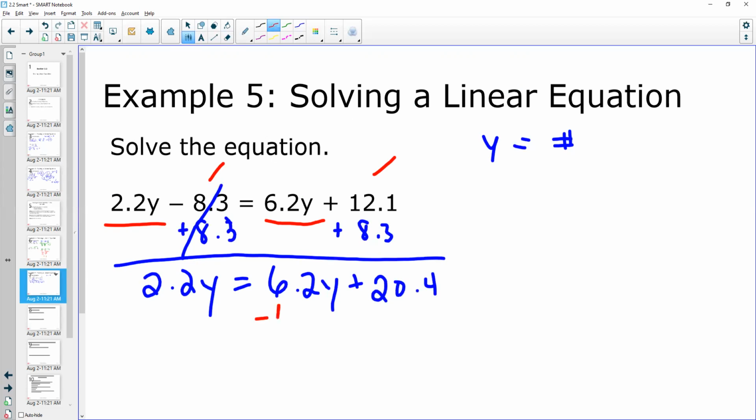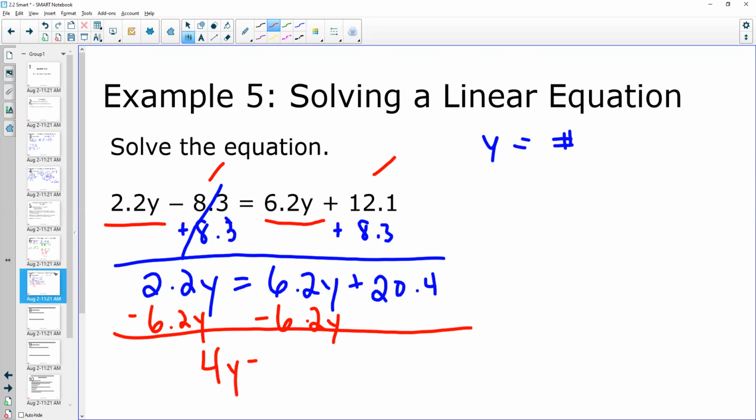So the opposite of 6.2y is minus 6.2y. I'm going to subtract it. 2.2 minus 6.2 is 4. So 4y equals 20.4. And then I'm at division, so I'm going to divide by 4. Y is 5.1. Go and check.